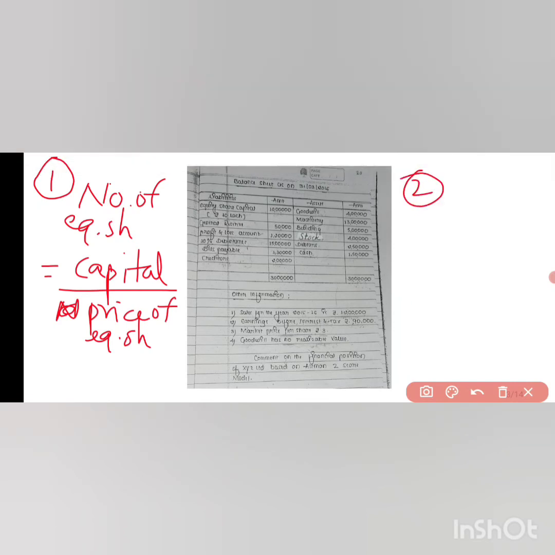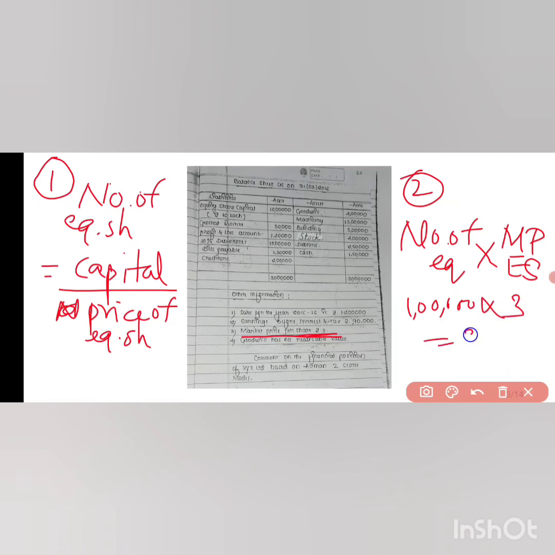The second step is number of equity shares has to be multiplied by market price of equity share. The market price of equity share is given here as rupees 3. So 1 lakh, just we calculated, into 3, you got 3 lakh.